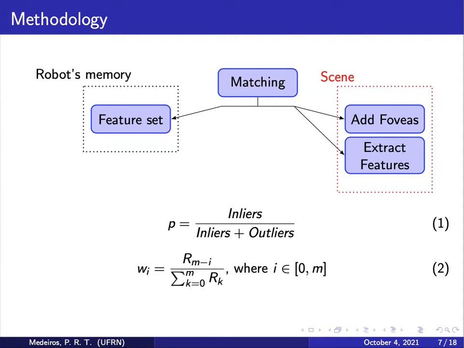We use multifoveation to put foveas in the images acquired by sensors. These foveas have n levels. Each one extracts features and has an inliers rate associated. But I don't know if the target is at all levels. For this, we propose a level weighting approach, where the level weights are given by the proportion of transformed pixels, defined by equation 2.